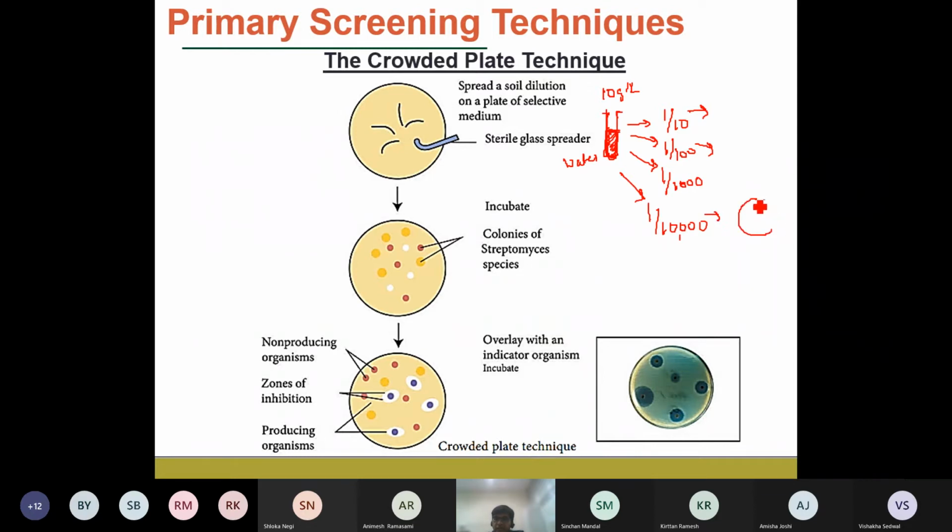We take the very diluted soil sample and plate it on an agar plate. This agar plate contains the growth media components which are suitable for the growth of the microorganisms that are present in the soil sample.